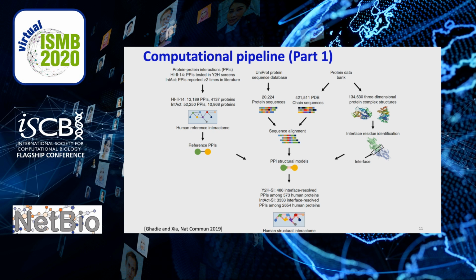The Y2H interactome, which consists of interactions identified in yeast two-hybrid or Y2H screens that are additionally validated by orthogonal assays, as well as the IntAct interactome, which consists of interactions identified by at least two independent experiments as reported in the IntAct database. From each of these two reference interactomes, we then build high-quality homology models for a subset of the reference interactions to construct the structural interactome.